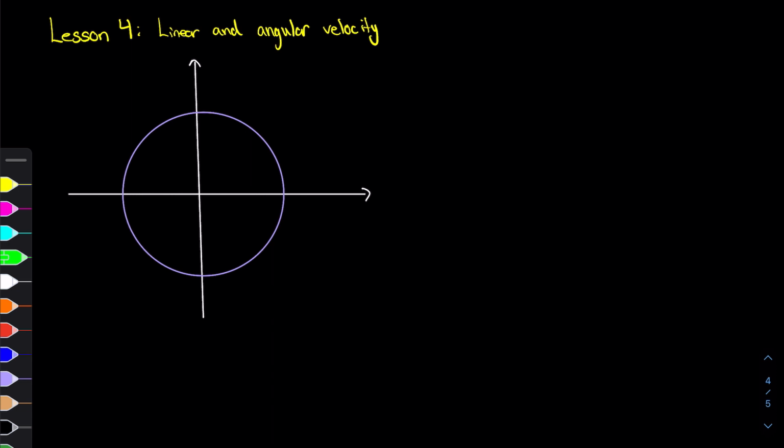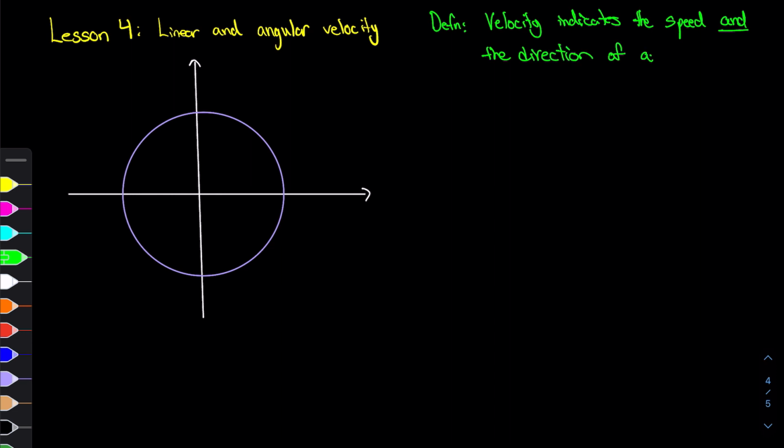So first off, we need to talk about what is linear velocity. Definition: let's just define velocity. Velocity indicates the speed and the direction of an object's movement.